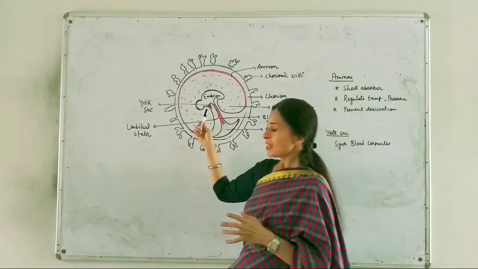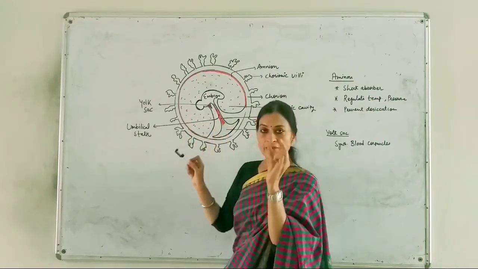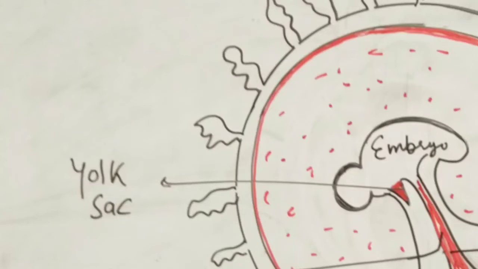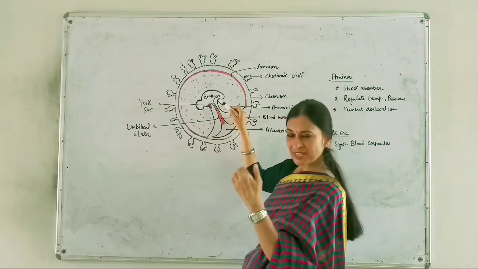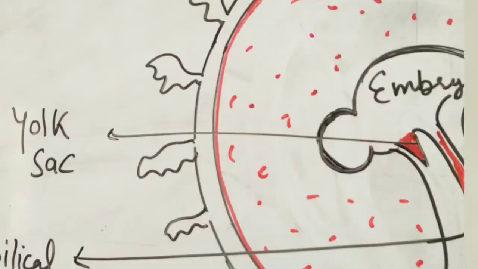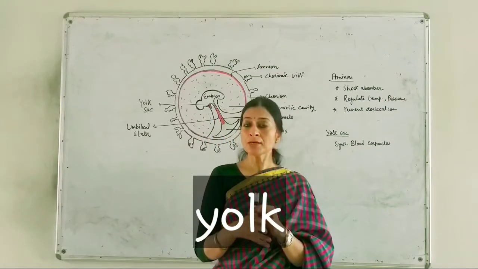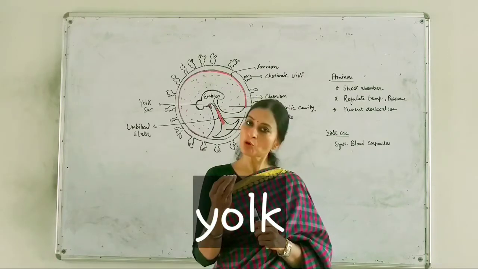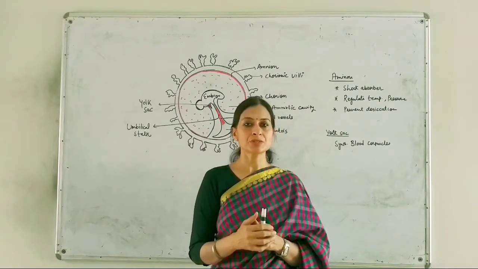Now the fourth type of membrane, you can see here, is a very small undeveloped sac-like structure, which is present near the gut of this embryo. This is the yolk sac. Very small structure is there. This yolk sac means a bag-like structure, but it is not having yolk, or it has very little yolk in it.